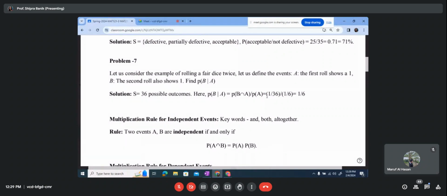So same solution doesn't mean the same meaning, isn't it? Opposite one, how will people read? People will read A first, then B. And in this relation, B is the dependent event and A is the independent event. And if we make it opposite, A given B, that means A will be the dependent event and B will be the independent event, isn't it? So you can understand. Yes, miss.